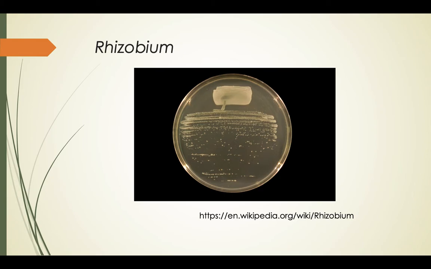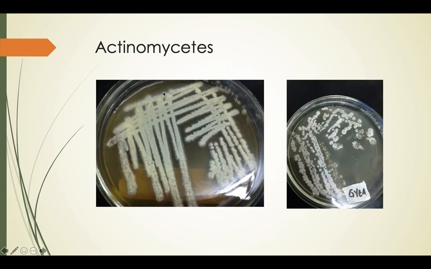So they will appear as such, very normal bacterial colonies. Then we also have actinomycetes. Here I'm showing you some plates of actinomycete isolates, probably streptomyces that I isolated myself a long time ago, probably 7 years ago.